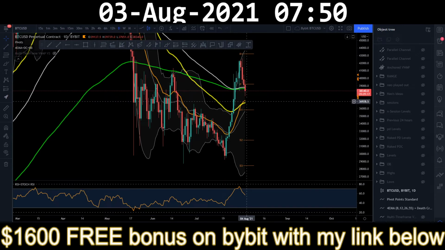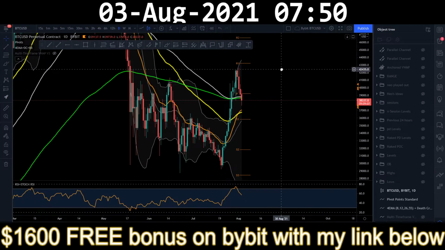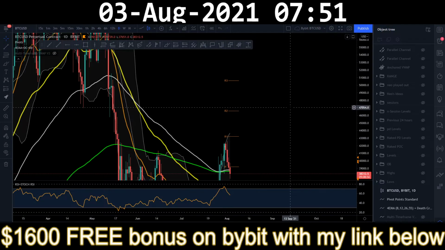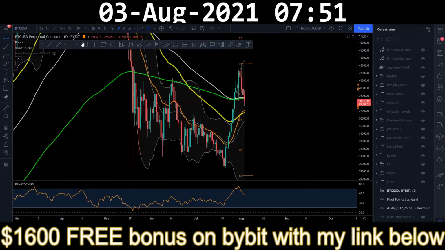So if we do come down here and get supported by this level that we've been talking about for a while, 37,000, then that bullish cross will end up happening, and we can continue up to the upside, which would allow us to break all the way up and continue to the next level that we're looking at, which is around the R2, the 47,000 region. So make sure you guys are on the lookout for that.